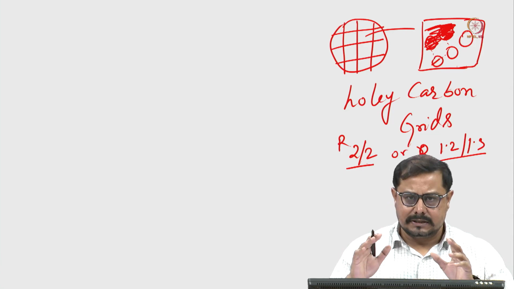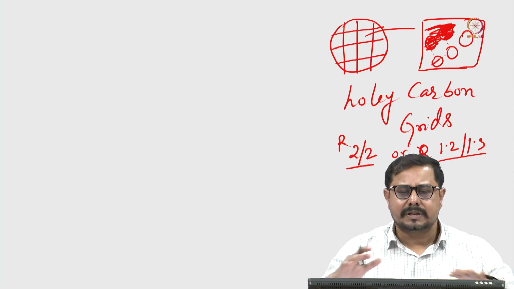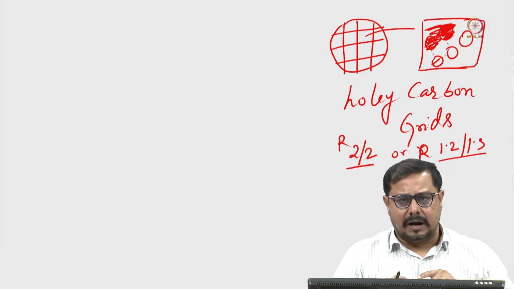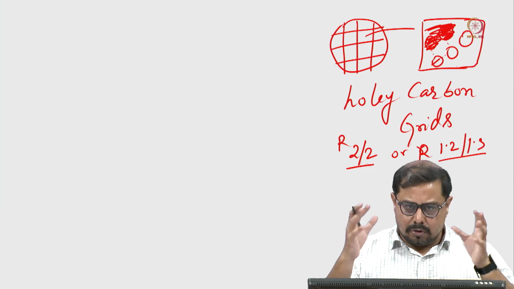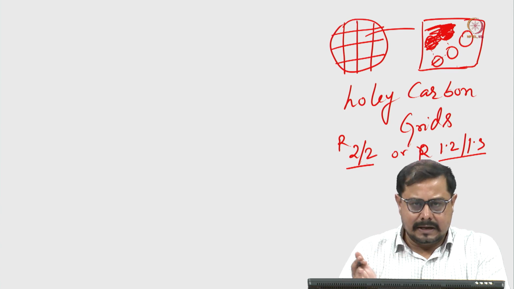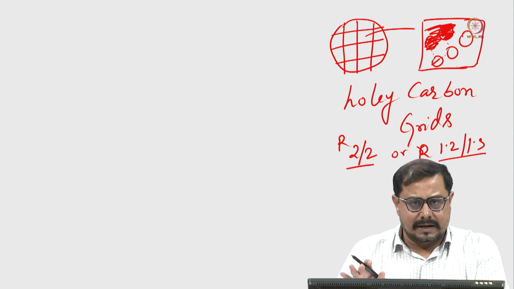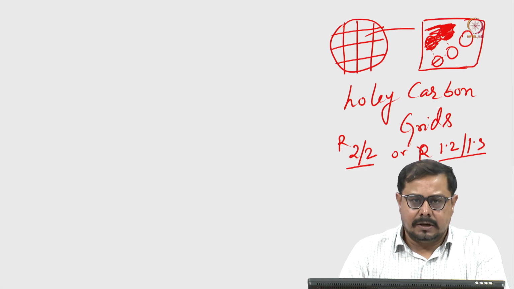Now in this holey carbon grid, sometimes we have to cover it with some kind of carbon layer or graphene oxide that will really help more sample bind. The graphene or graphene oxide related grids we will discuss at a later stage, during our advanced sample preparation topic.